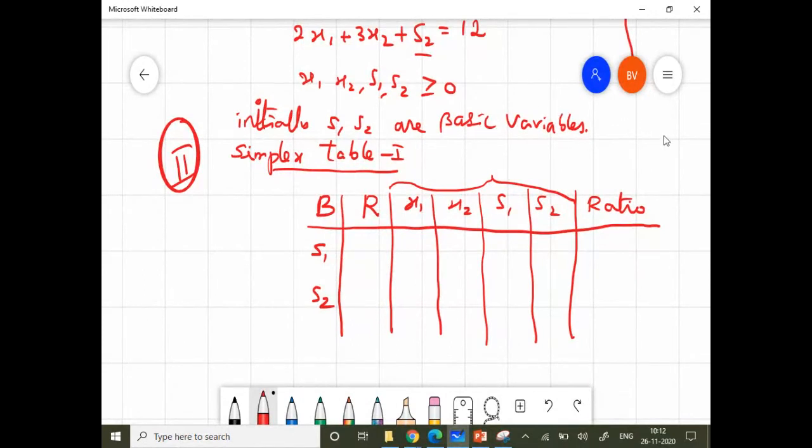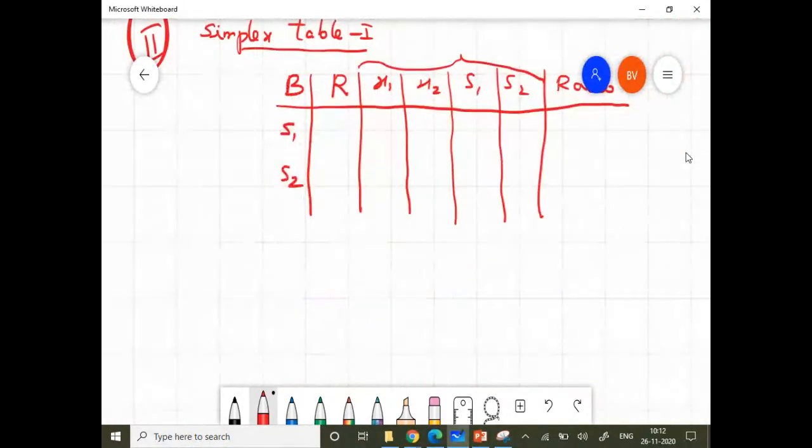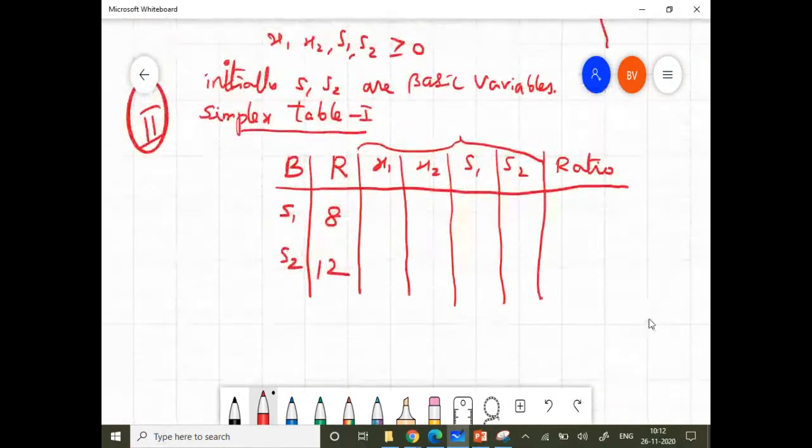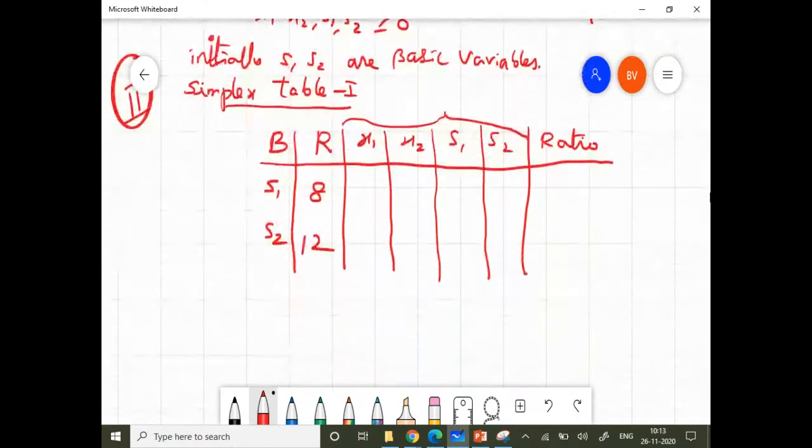And right hand side, what will be the right hand side? This information, 8 and 12. 8 here, 12 here. Okay, done. Now come down. Collect the information. The X1 column will have the coefficients of x1: 2, 2.